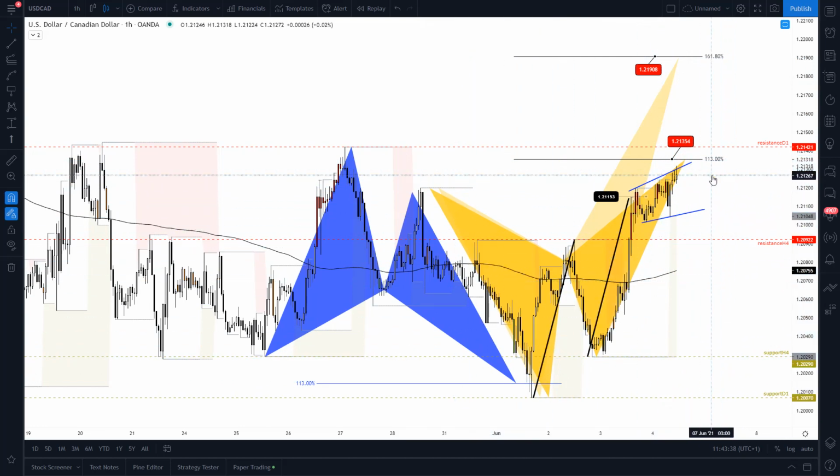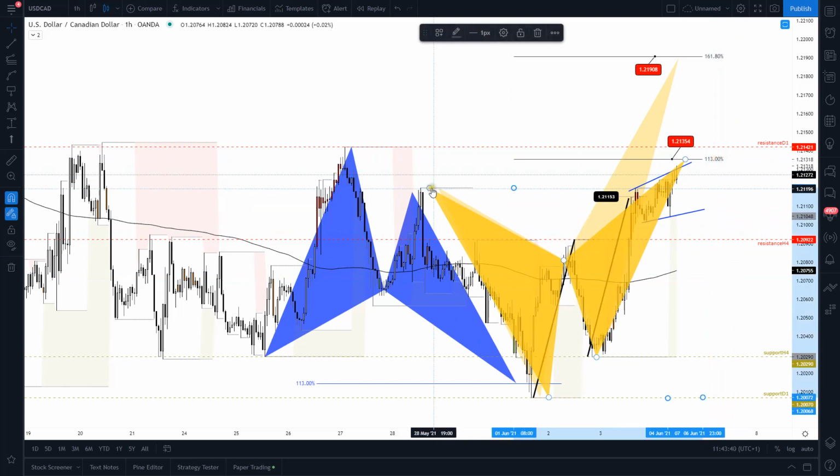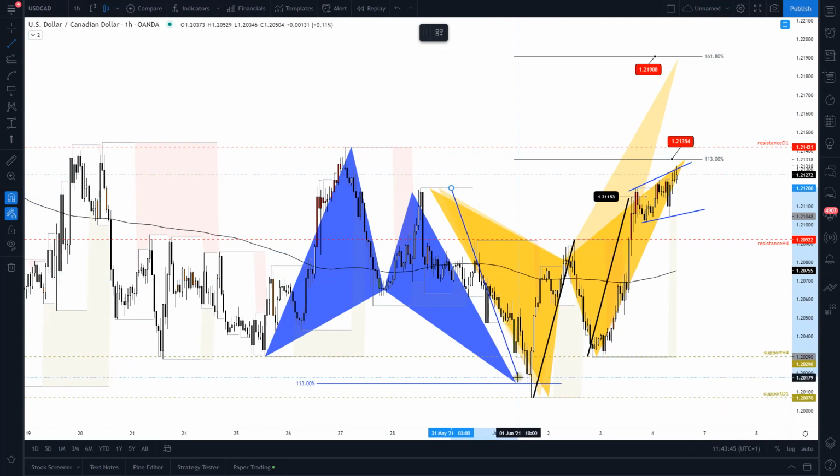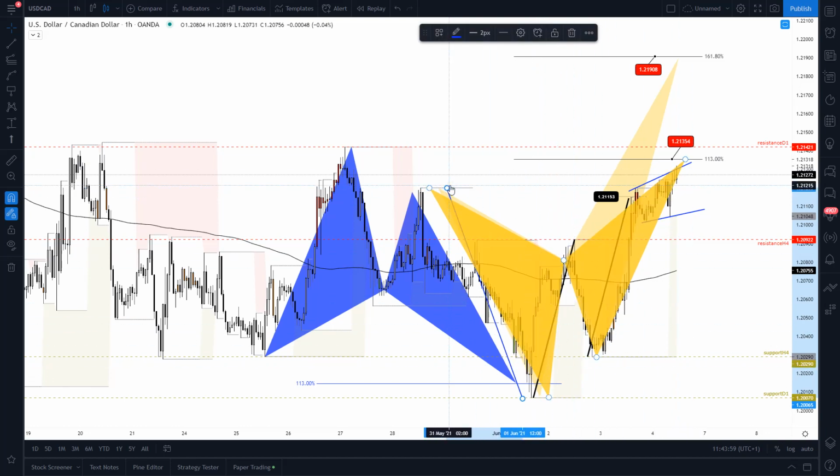I call it an internal bat pattern because it takes into consideration the swing below the previous structure highs. So we have, of course, this internal swing before this one. This takes into consideration the most recent swing and Fibonacci ratios or variables, if you wish.